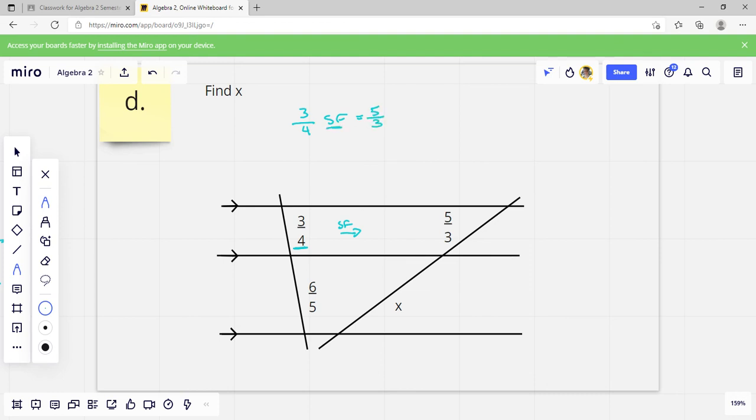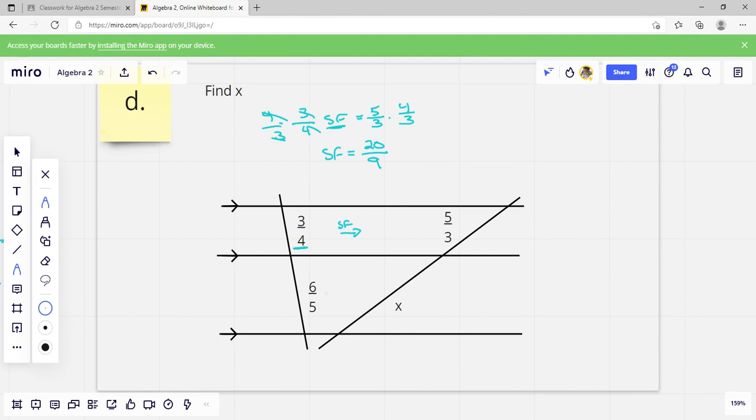To solve for our scale factor, we're just going to flip and multiply. Okay, these cancel, and I get scale factor equals 5 times 4 is 20, and 3 times 3 is 9. So we got 20 over 9.